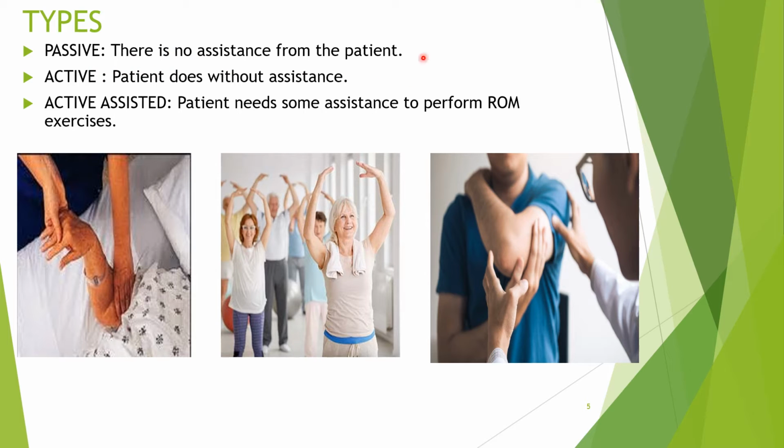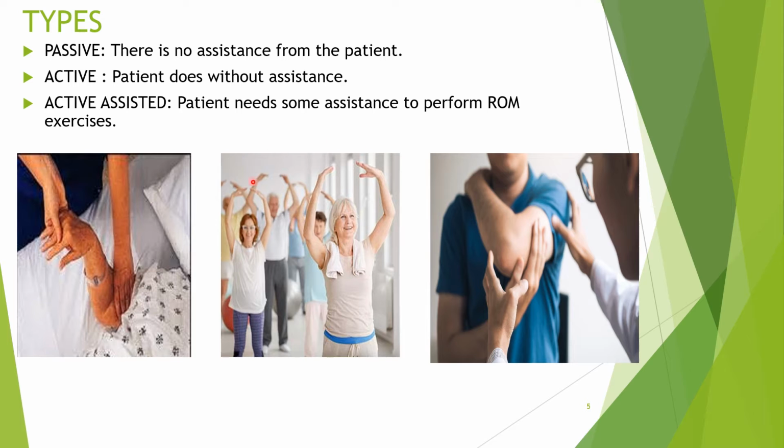These exercises are performed on the patient by any healthcare professional, family member, or caregiver. In active exercise, the patient can do it without assistance, and in active assisted, the patient needs some assistance to perform the range of motion exercise. In the diagram, the first one shows the passive exercise in which a healthcare professional and family member are doing the exercise on the patient.